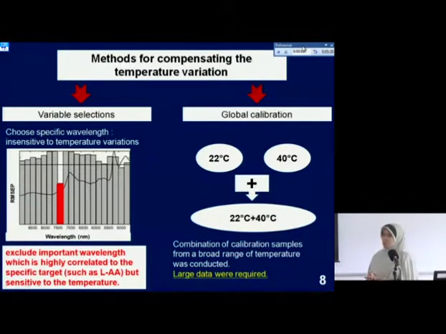In general, there are two methods for linear temperature variation. First is variable selection, and the second is global calibration. In the present study, I will develop the global calibration model with implicit and explicit methods.